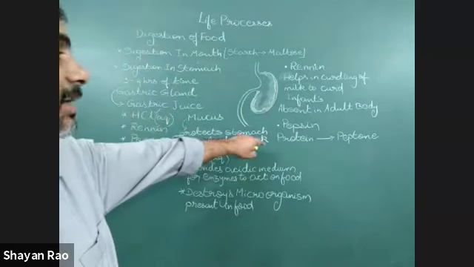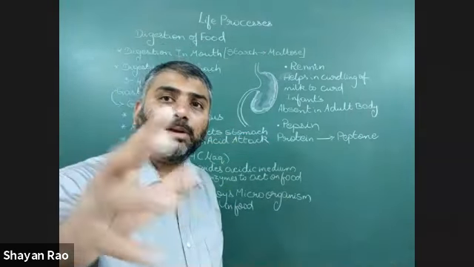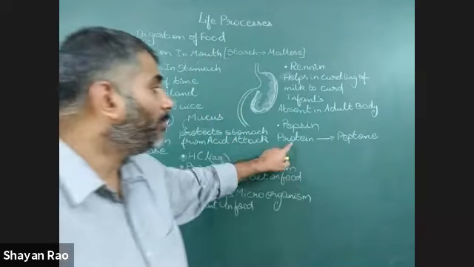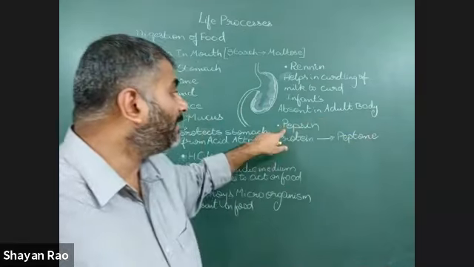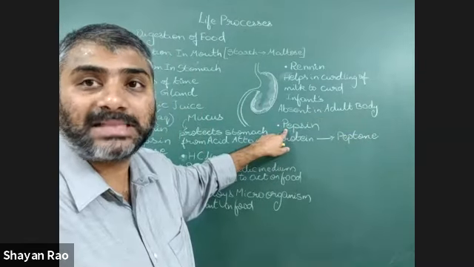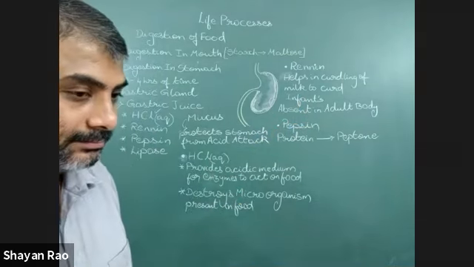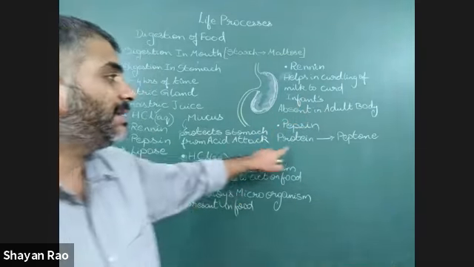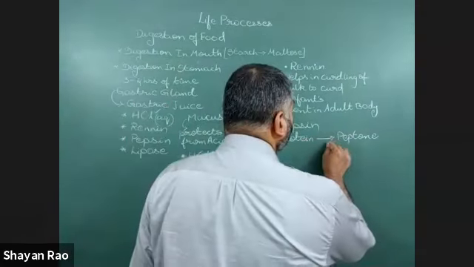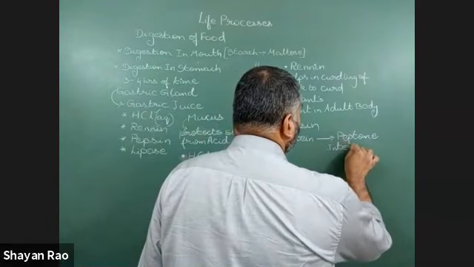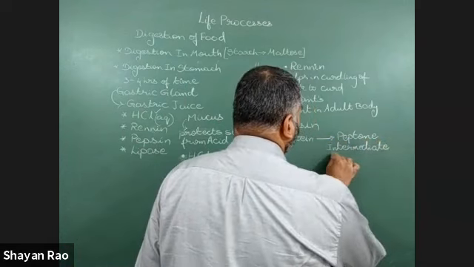That protein has to be broken down into amino acids, but it cannot happen all at once. So proteins are converted into peptone with the help of the pepsin enzyme. Is this clear to everyone? Yes, sir. So protein is converted to peptone. What is this peptone? Peptone is actually an intermediate product.